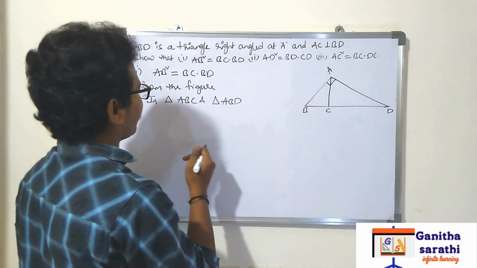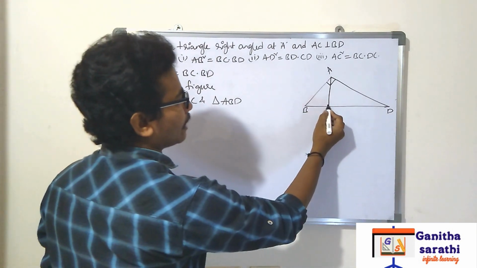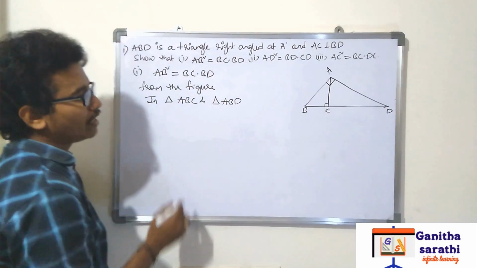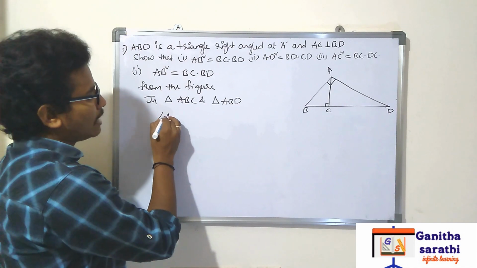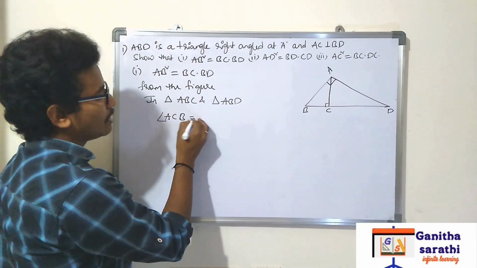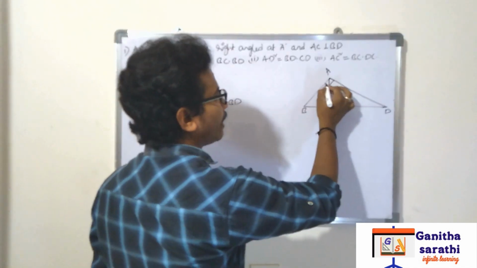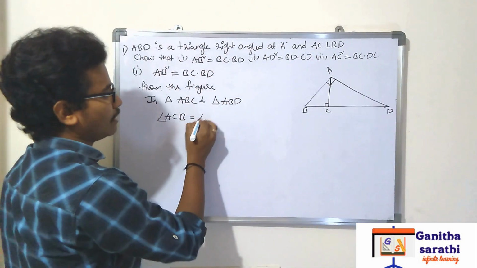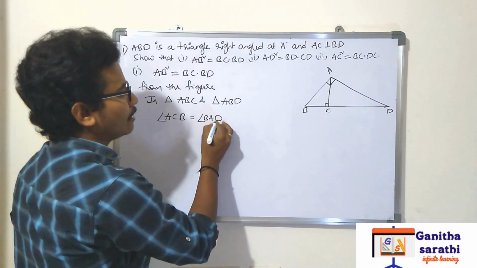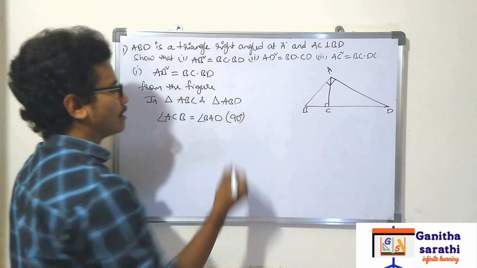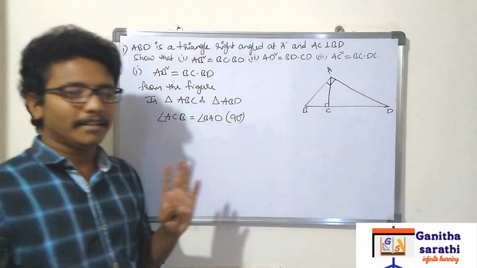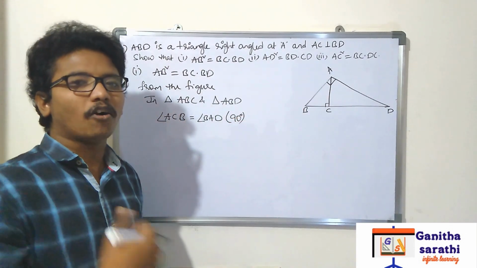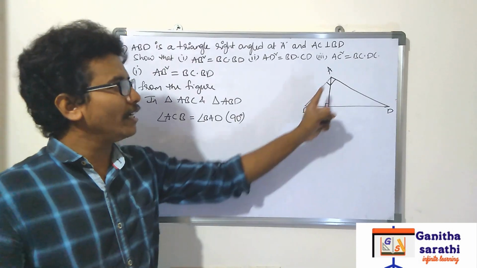Now we already know that in triangle ABC, angle C is 90 degrees, right? So angle ACB is equal to, in triangle ABD, angle A is 90 degrees. Means angle BAD. That is how many degrees? 90 degrees. And in both the triangles, we have one common angle. What is the common angle? Common angle is B, right?